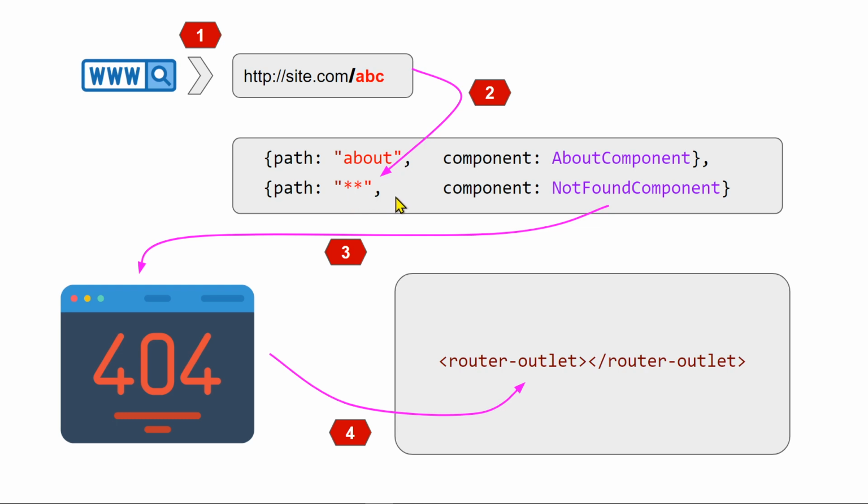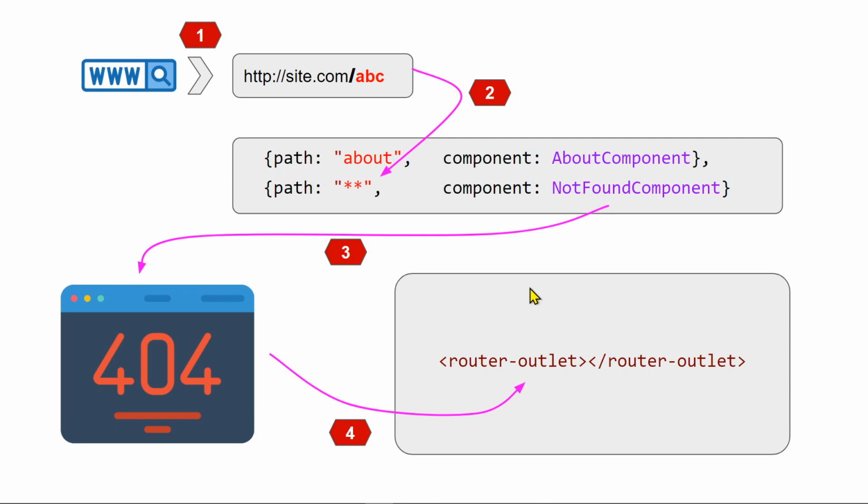Okay, so if none of the matchings is found, it will load this. A component you will also create, hopefully, called something like not found component, and then you would give some really nice messages to the user saying, sorry, this page is not found, make some recommendations and so on, and then again it will load to the same outlet.